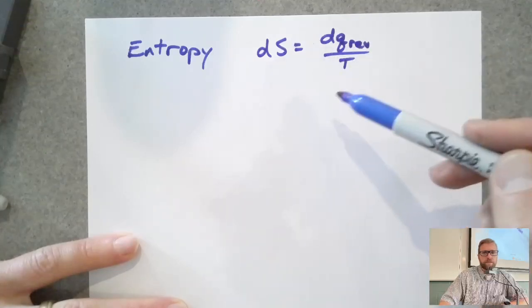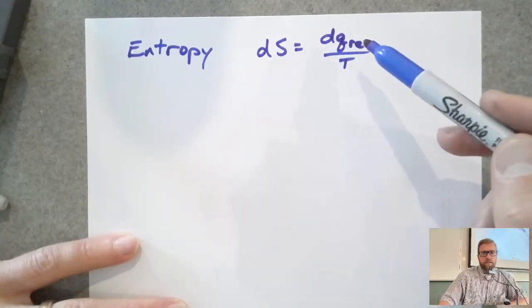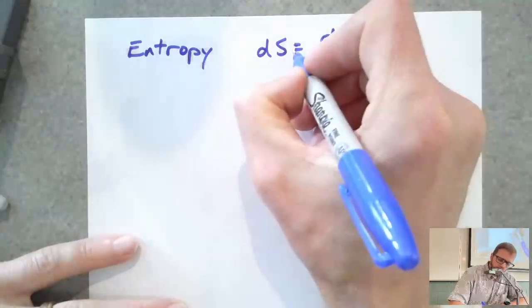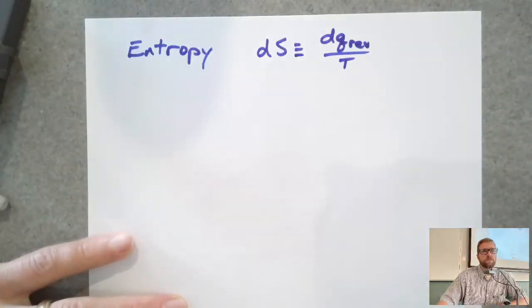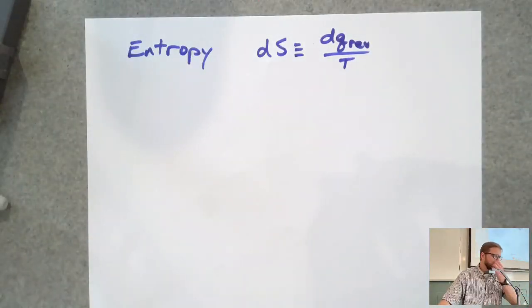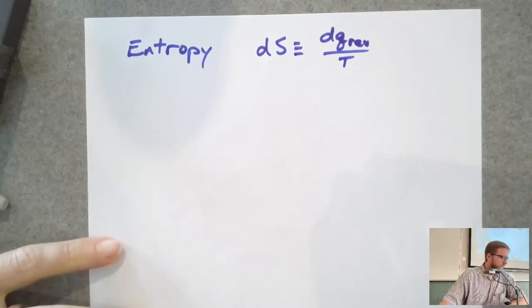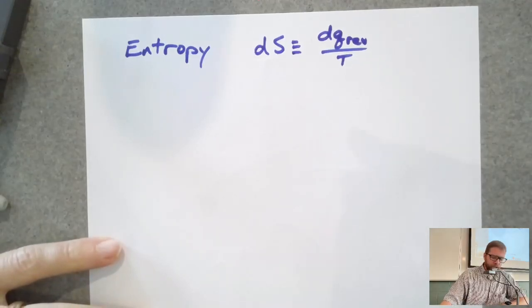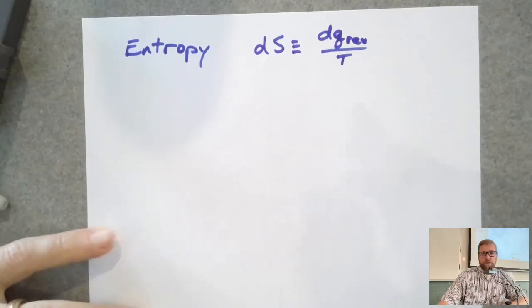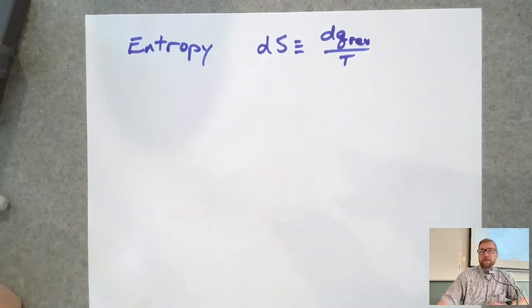So classically, this is the definition of entropy. I could put a little definition thing here. This is what entropy is. You've probably heard that the second law of thermodynamics, which is the law of entropy, says that entropy always increases.